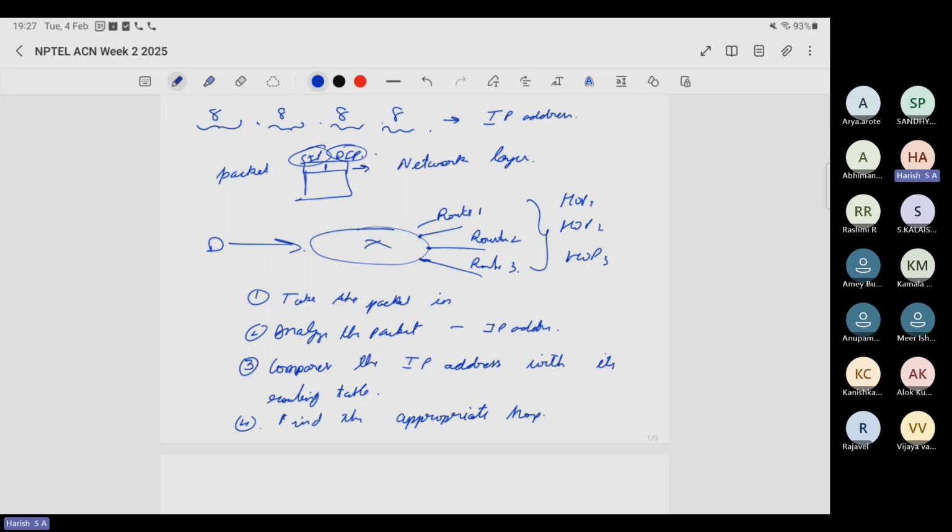How is this routing table or lookup table stored inside the router? And what is the algorithm used to compare the IP address we see on the packet with what is there in the table?